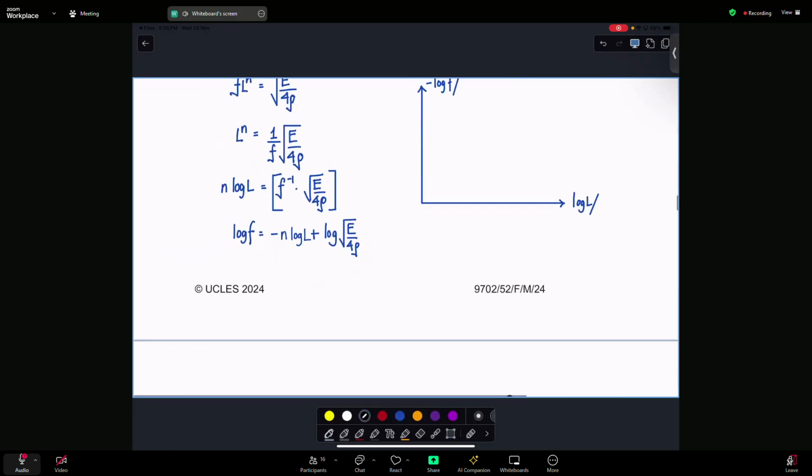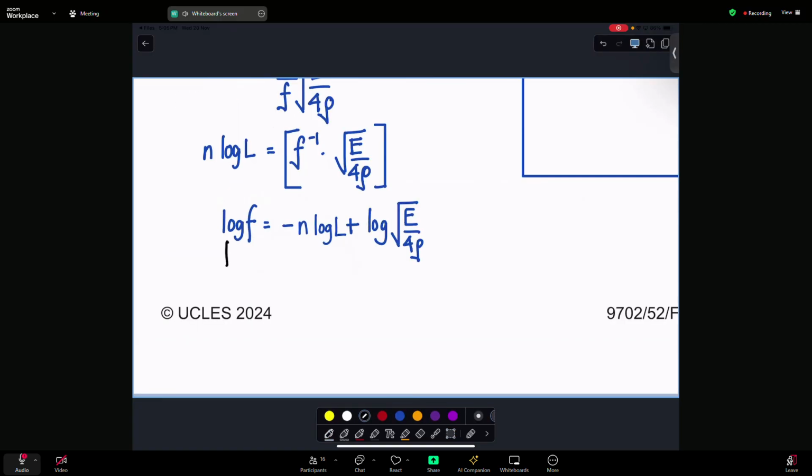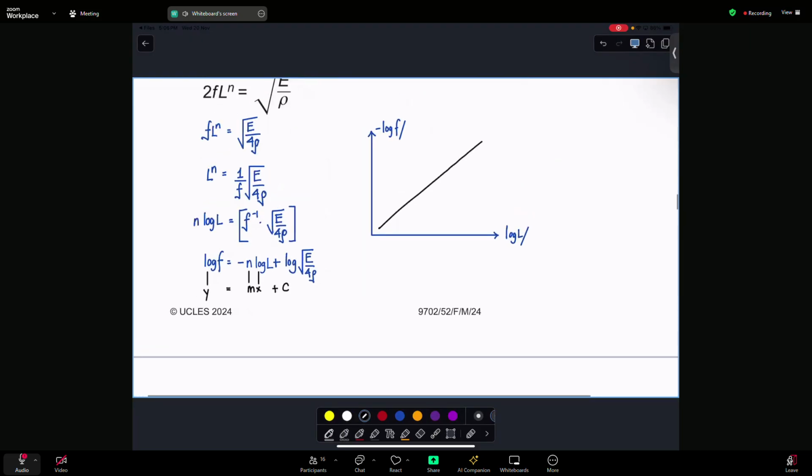If I write this as y equals mx plus c, this is what? Y axis. This is going to be what? Mx plus what is that going to be? C. Our m এর মধ্যে x টা তো হচ্ছে log L, right? So what is the gradient of this graph going to be? Minus n, right? So once you plot your graph here, a graph এর মধ্যে the gradient of the graph is going to be where I get my n from, so minus n.